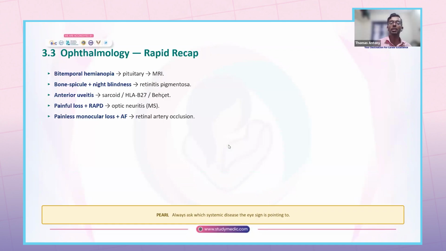Bone spicule and night blindness, then you're dealing with retinitis pigmentosa. Anterior uveitis, you're thinking in terms of sarcoidosis or seronegative arthritis or Behçet syndrome. Then painful loss or RAPD, you're looking for optic neuritis, like in MS. Painless monocular loss plus AF, retinal artery occlusion.